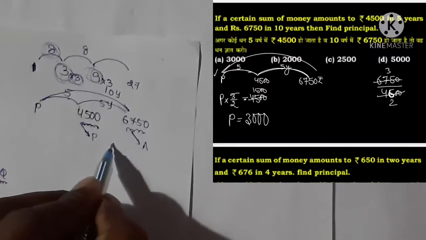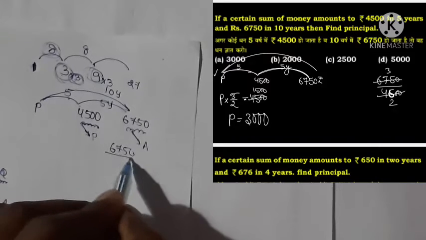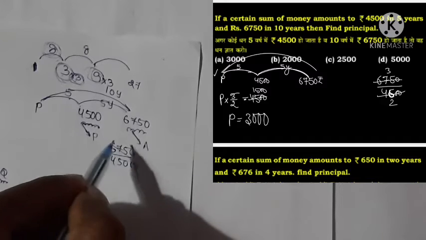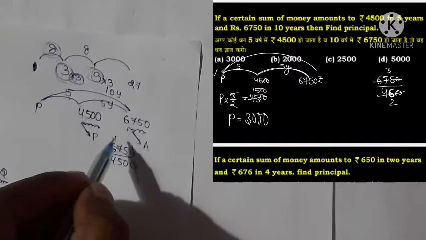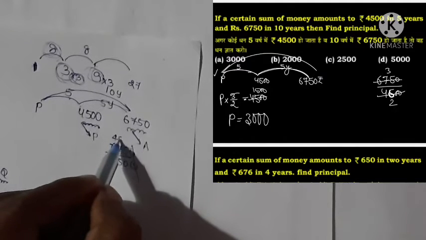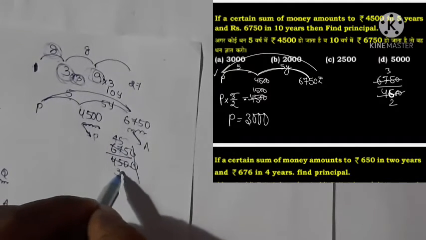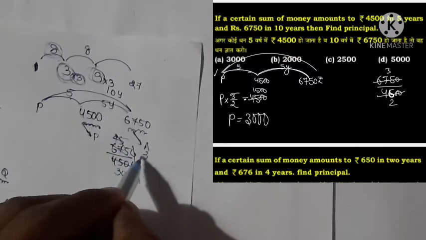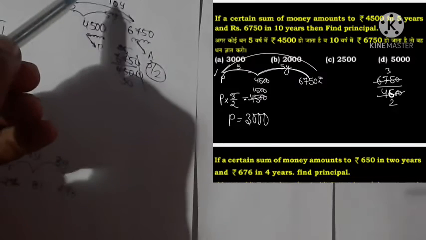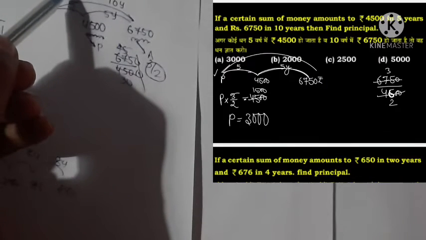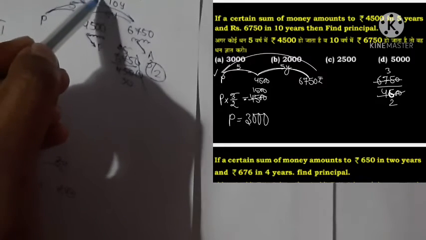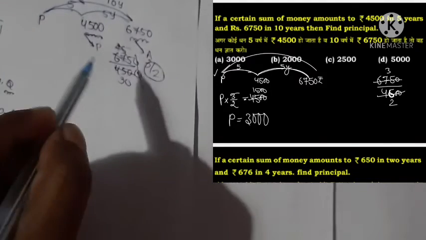Here I have to find 6,750 by 4,500. The zeros cancel. So 1, 15 4 times, 5 times, 3 0 3 by 2. Here we multiply the principal by 3 by 2, then we will get the amount.